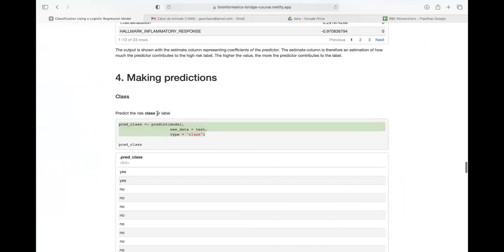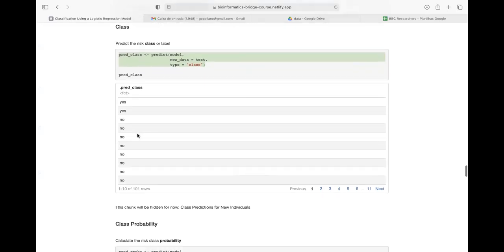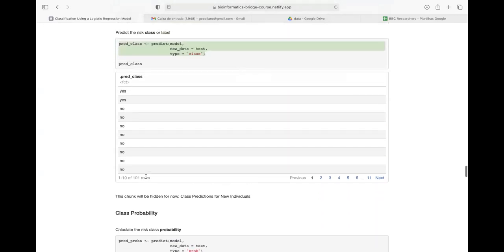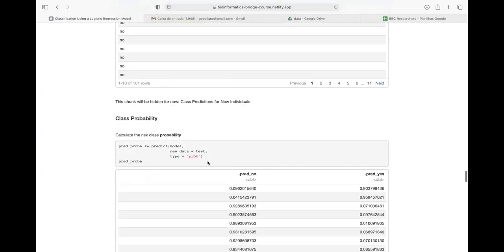Okay, so we were able to generate a prediction with just 3 lines of code. This is great. And now let's take a look at the probabilities that are used to assign a label to the patients. That is by calculating the predicted probability instead of the predicted class, right?